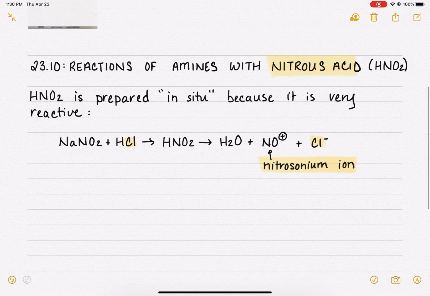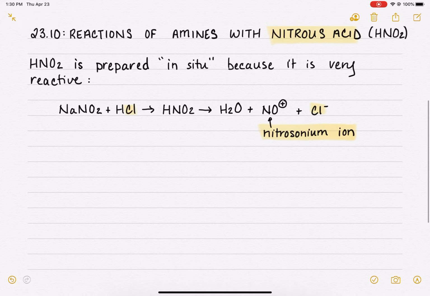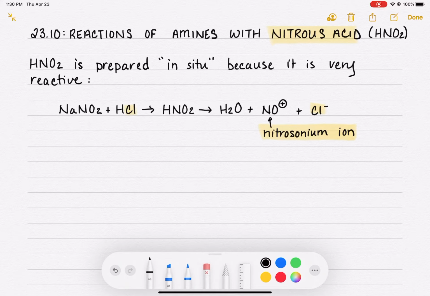Once we get the nitrosonium ion prepared, the NO+ can react with primary and secondary amines. It doesn't react with tertiary amines. We'll look at the mechanism for that, but basically you need to have a hydrogen on the nitrogen for this type of reaction to occur.